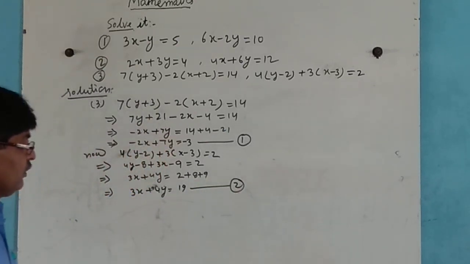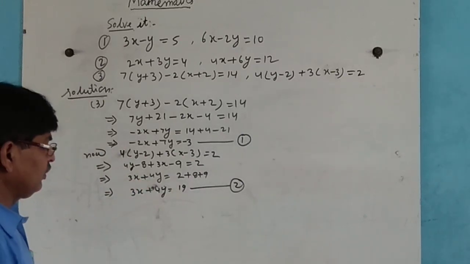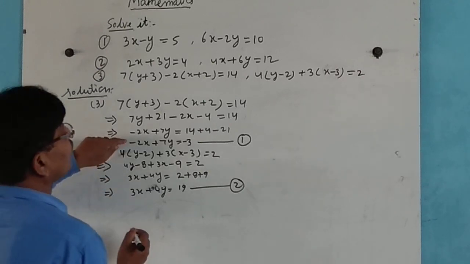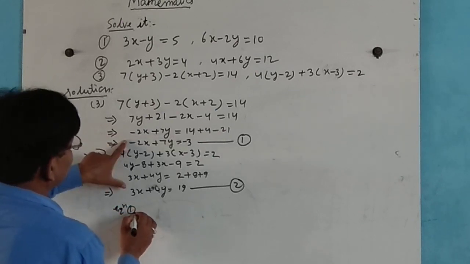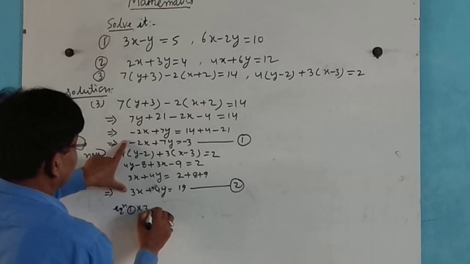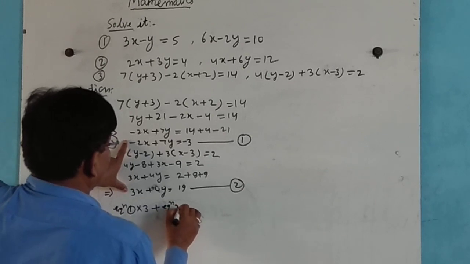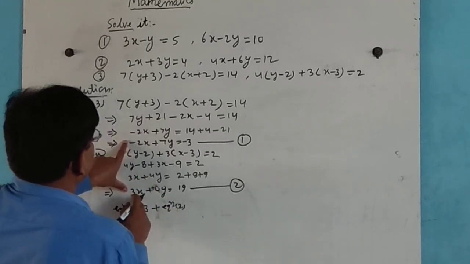We solve equations 1 and 2 with the help of the general method. Here we multiply equation 1 by 3 and equation 2 by 2.